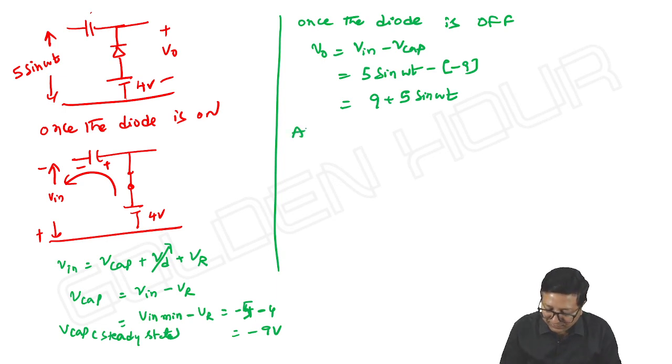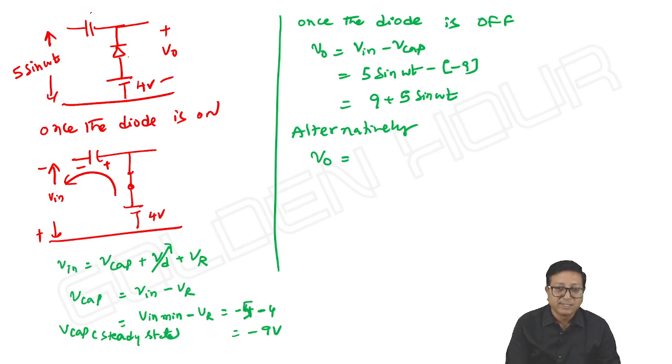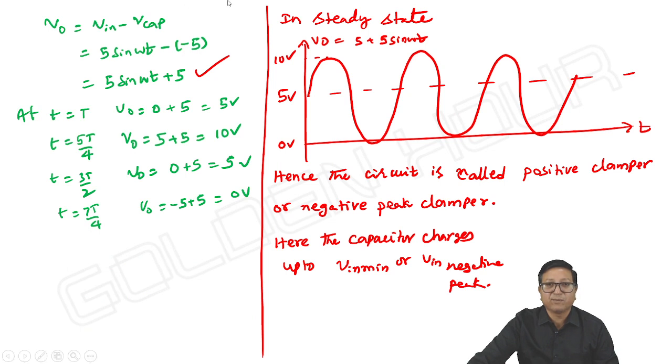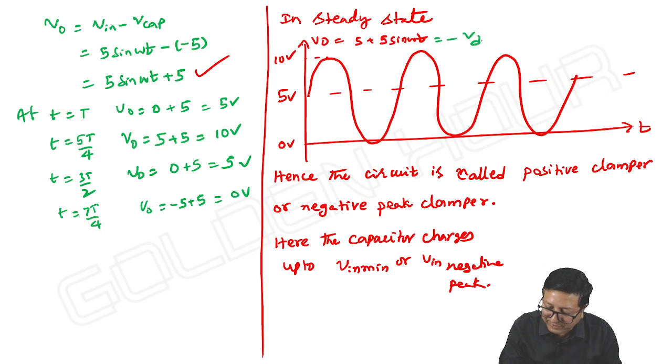Or alternatively, V output is equal to, I can say it is Vd with polarities minus plus. So minus Vd plus 4. What is minus Vd? Earlier we have seen here V output is 5 plus 5 sin omega t, which can also be taken as minus Vd.